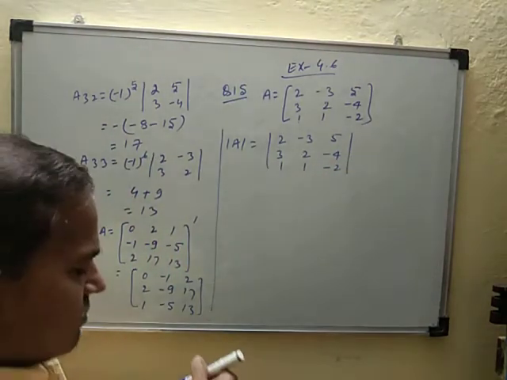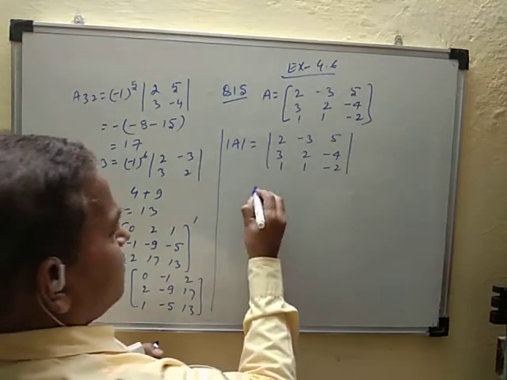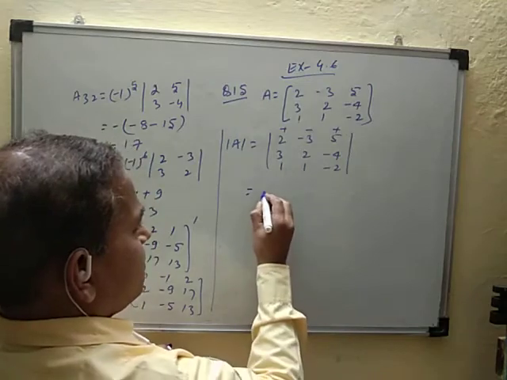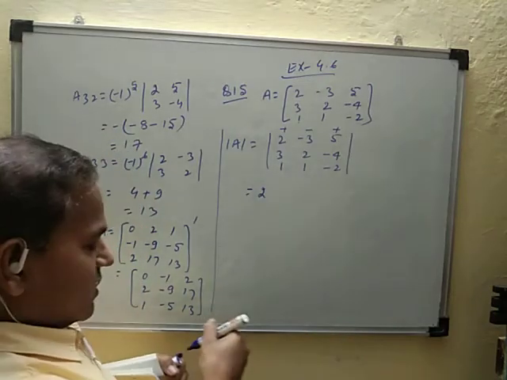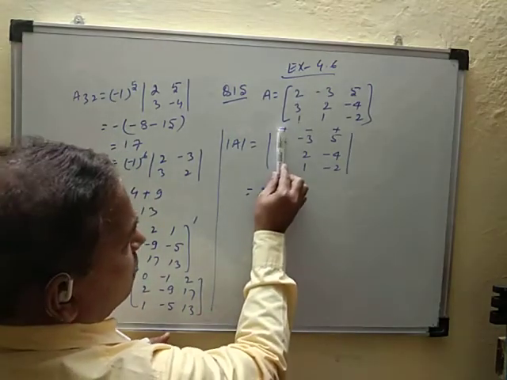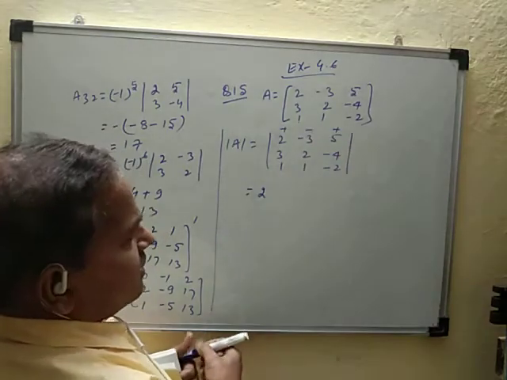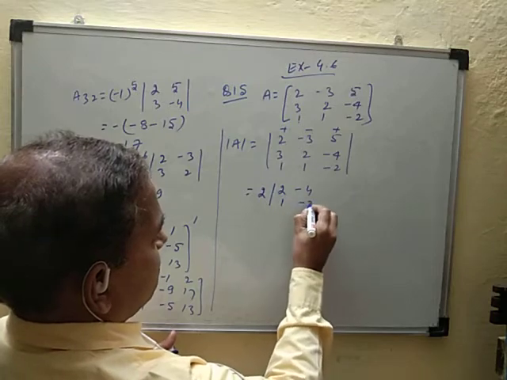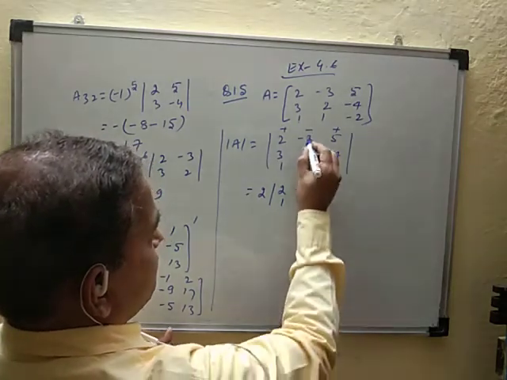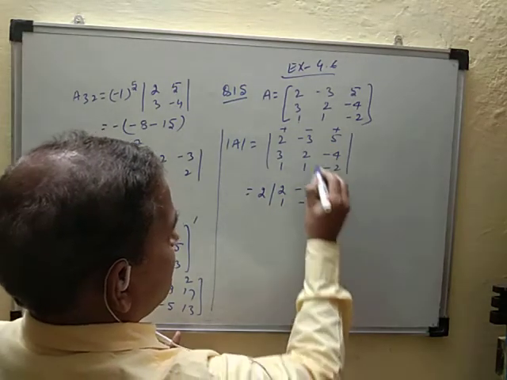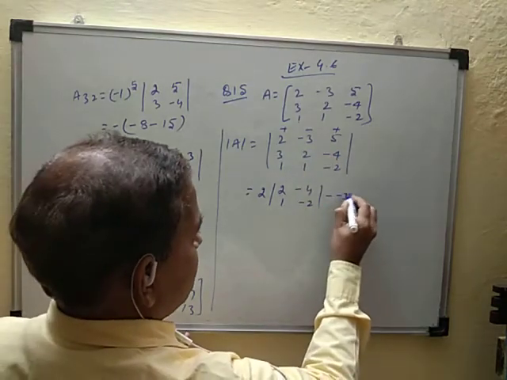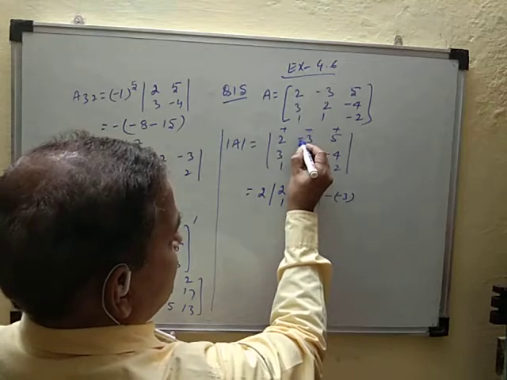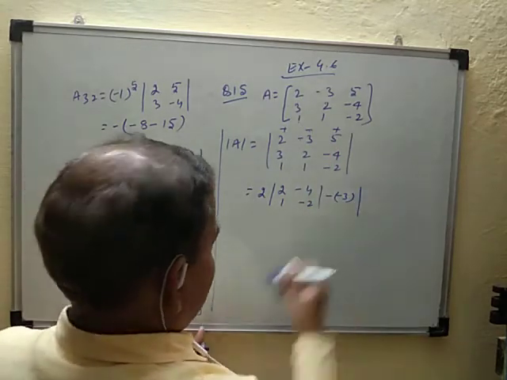Now expand along R1. So this equal to sign plus, minus, plus. So first write 2, then 2 का क्या करना है, कॉलम और रो को डिलीट कर देना है. So what is the element? 2, -4, 1, -2. Then next minus, an element is -3.